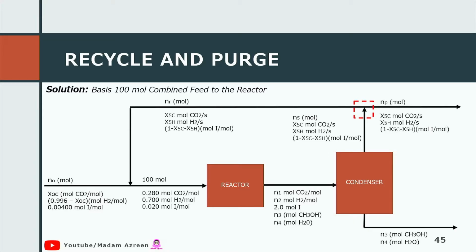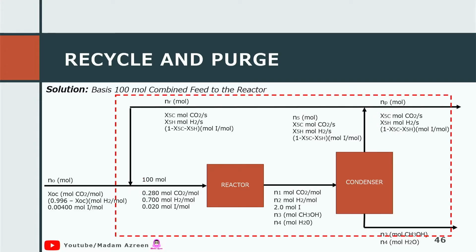Another degree of freedom, okay, you haven't seen this previously because last time you only considered here, but this time you also need to consider here, whereby at a recycle and purge stream, okay, it's not a mixing, it is a split point between a recycle and a purge stream. Okay, and there is also a degree of freedom there. Okay, so you will need all these degrees of freedom.